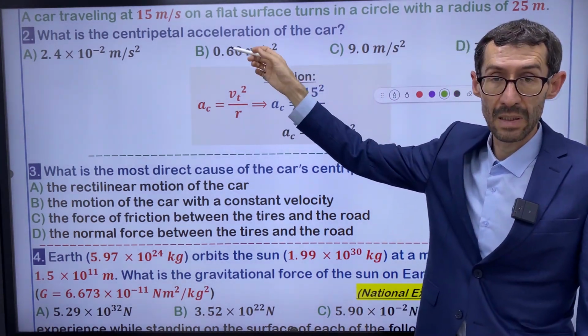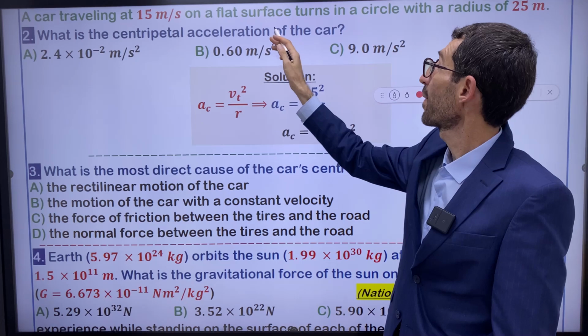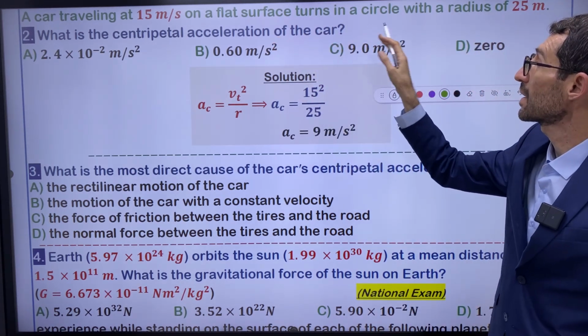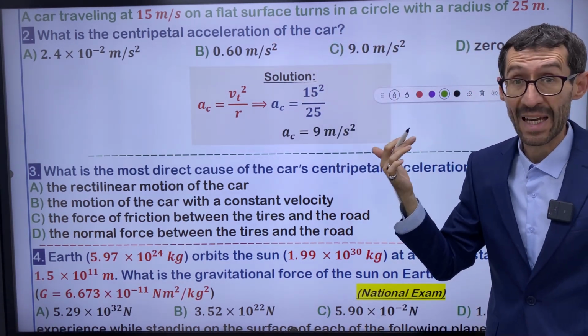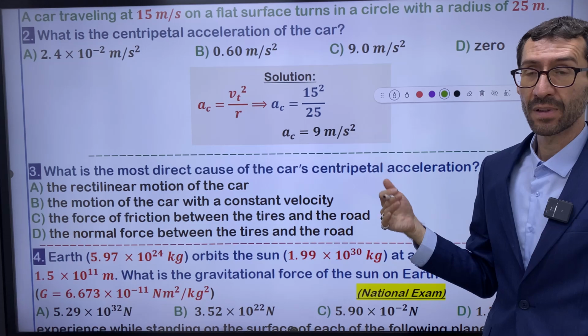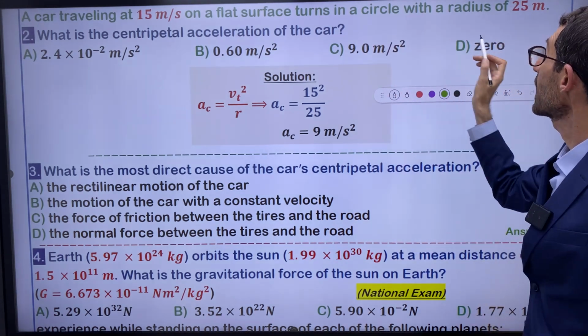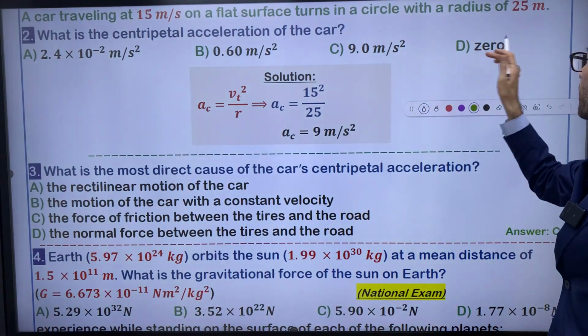This is the velocity or speed of a car on a flat surface. It's an ordinary surface. It's not a banked curve or sharp turn, right? It turns in a circle with a radius of 25 meters.